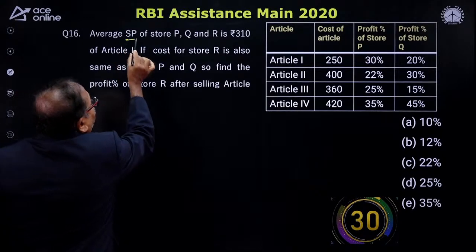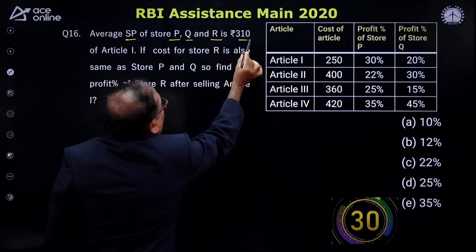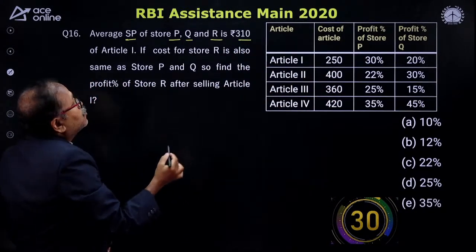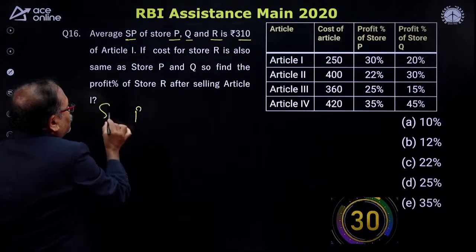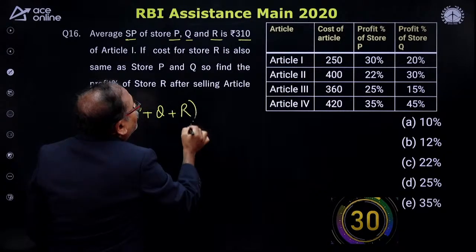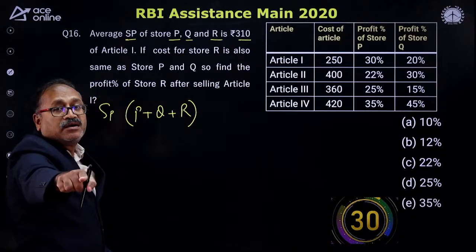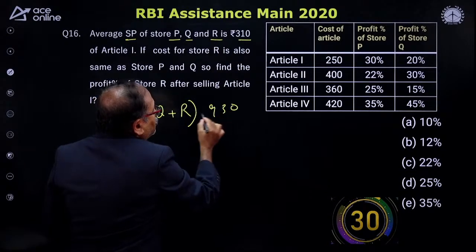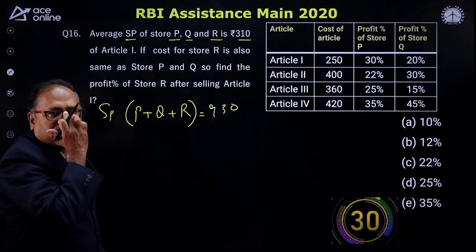So the average selling price of P, Q and R is 310. So can I get the total selling price? SP of P plus Q plus R, as the average is there for 3 shops, the total will be 310 times 3, that is 930, the total selling price of these 3 shops.